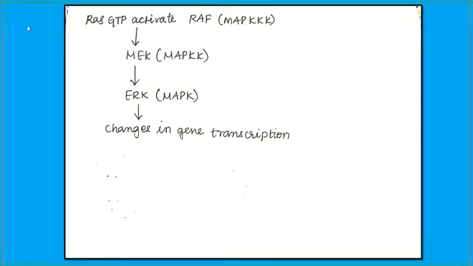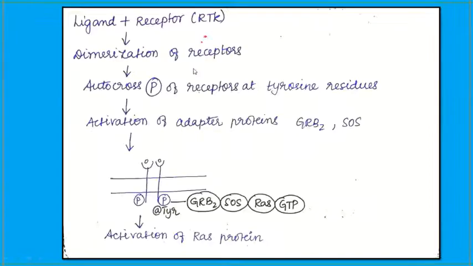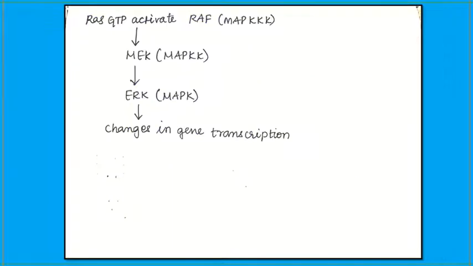So this is the RAS-MAP kinase pathway, very simple and easy to understand. I hope you are noting down the pathway because I've made everything handwritten for you. If you understand the pathway from your handwritten notes, it will be easy for you to copy and to study also.